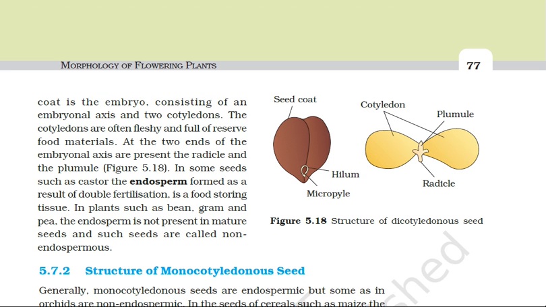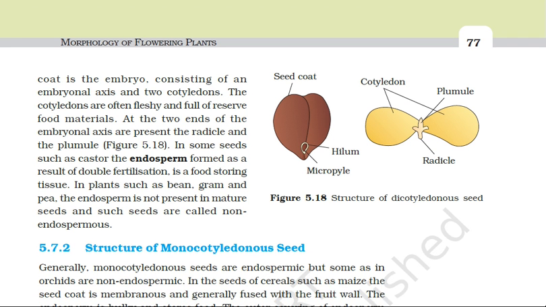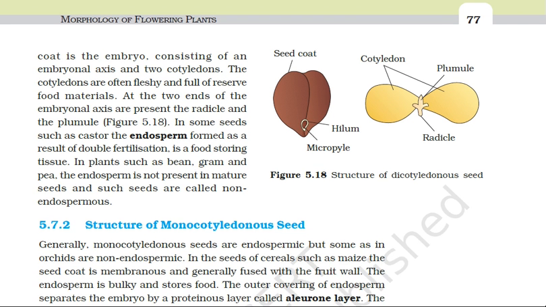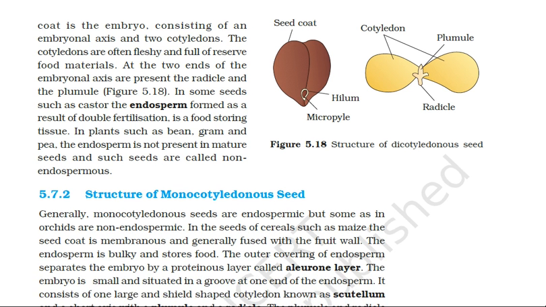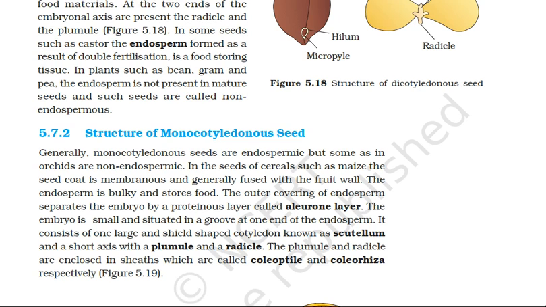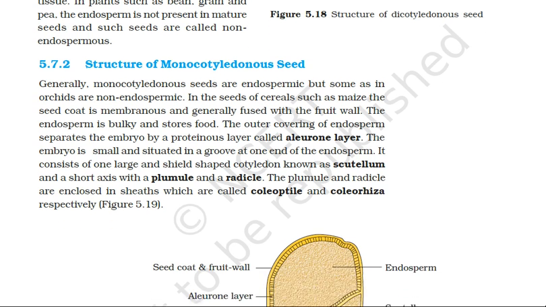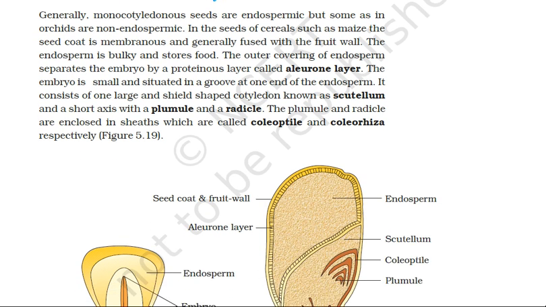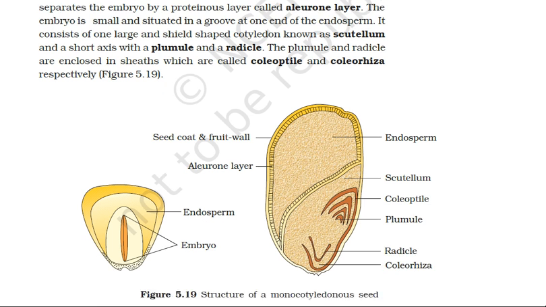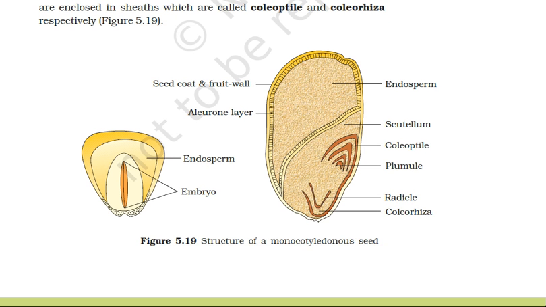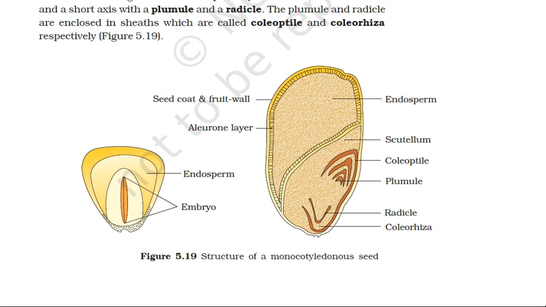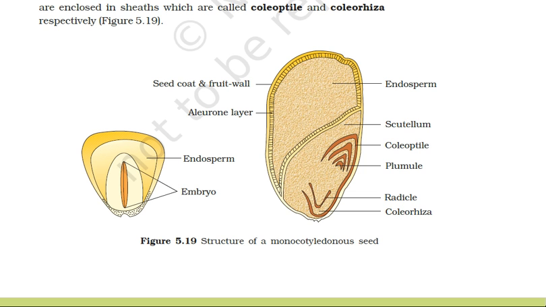Then we move on to the monocotyledonous seed. The example is maize. Here on the screen is the diagram of a maize seed, showing you the structure of a monocotyledonous seed.